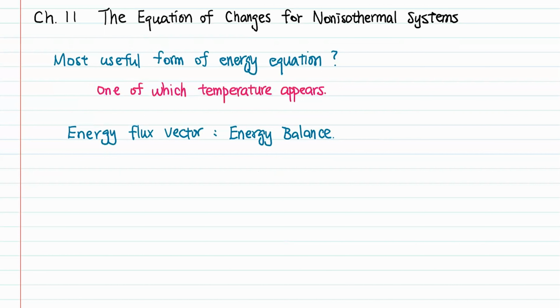If we write that down, that's partial T, the change with time, of energy per volume, equal to the negative gradient of the combined energy flux vector, plus the mechanical energy.